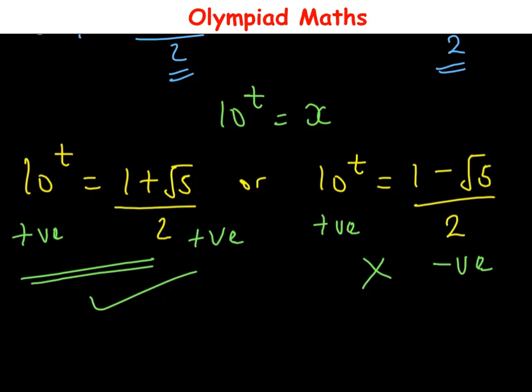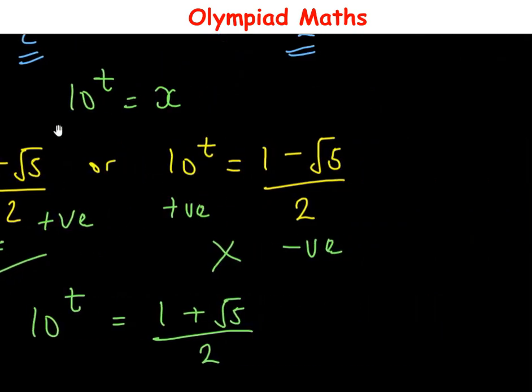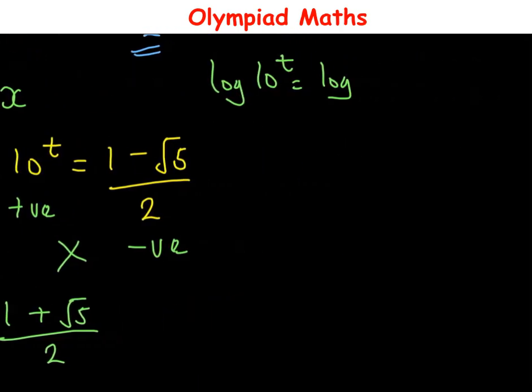Okay, working with 10 power of t is equal to (1 plus root 5) all over 2, we are going to introduce logarithm to both sides of the equation. So we have log of 10 raised to power t is equal to log in brackets (1 plus root 5) over 2.